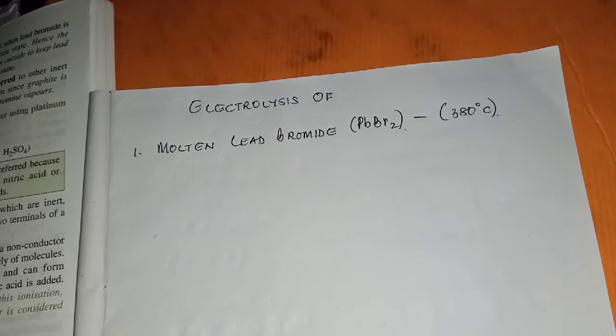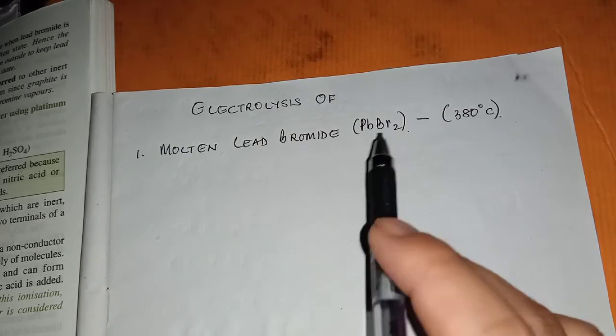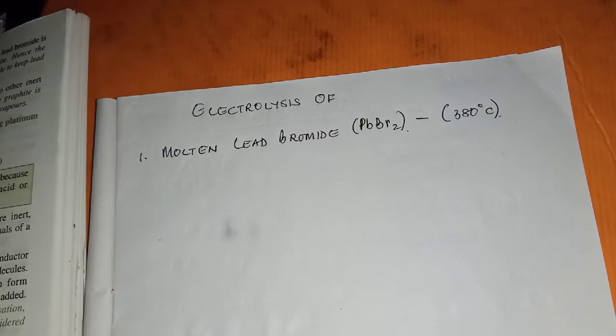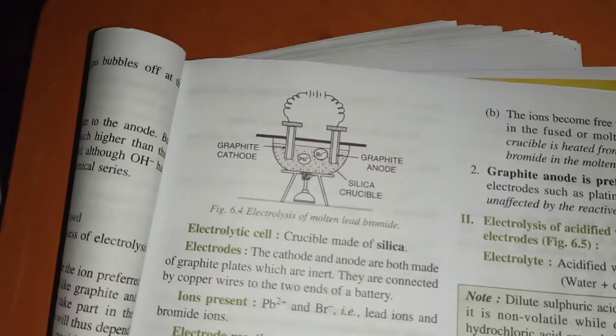So we'll take the first example, that is electrolysis of molten lead bromide, PbCl2. Now this lead bromide is melted at around 380 degrees Celsius, and we have the picture also over here.